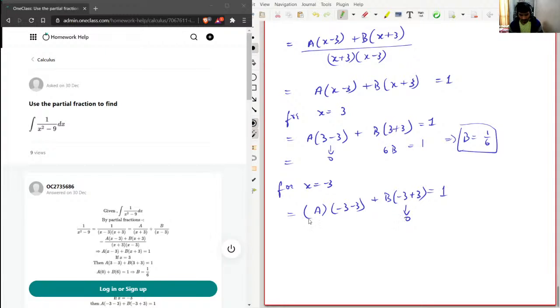This will be 0 and this will be minus 6a equal to 1. I'll just divide both the sides by minus 6, sorry. And I will get a as minus 1 over 6.